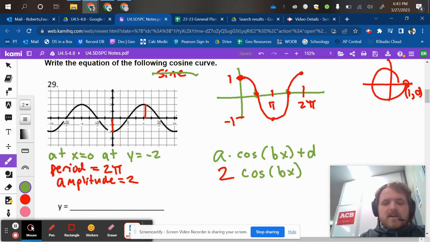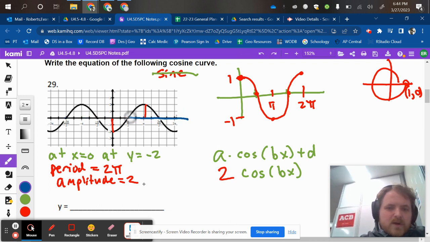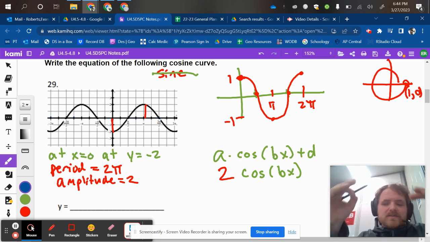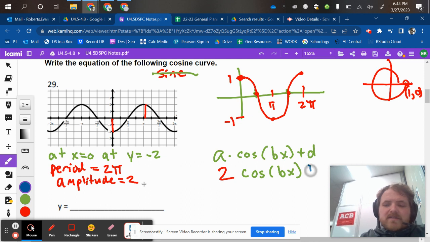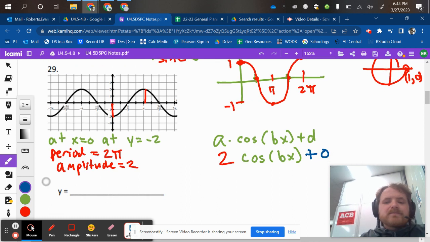I think B is the hardest. And then let's deal with D right now. So D again is that shifting up and down. So since I'm at the x-axis, looks like it is having perfectly even hills and valleys above and below it. So I think there was no shifts up and down. So we're just going to have a +0 out there.